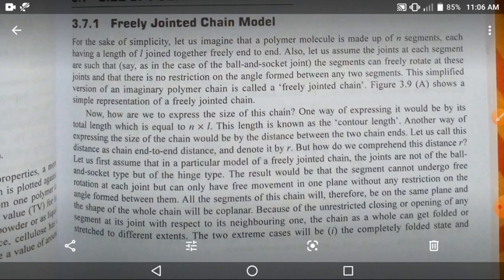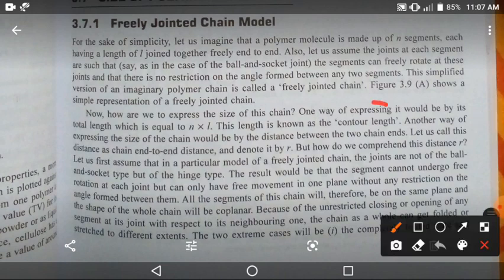One way is by its total length, n multiplied by L, where n is the number of segments and L is the length. This length is known as the contour length. Remember the definitions.